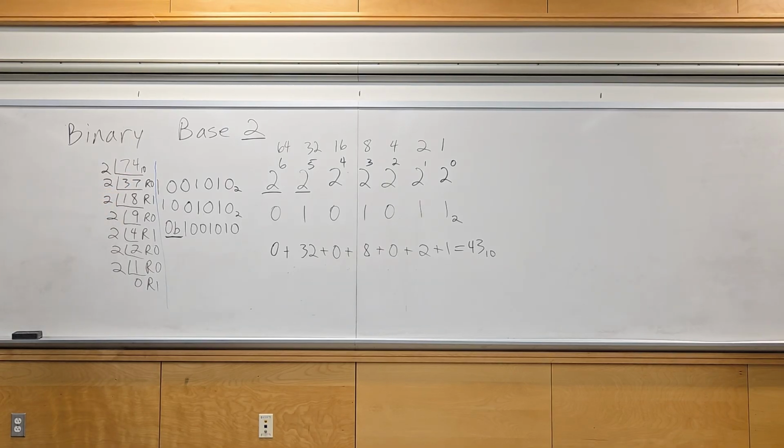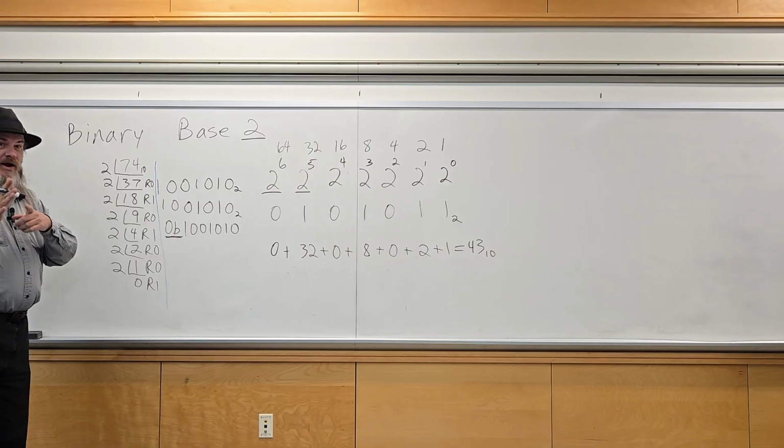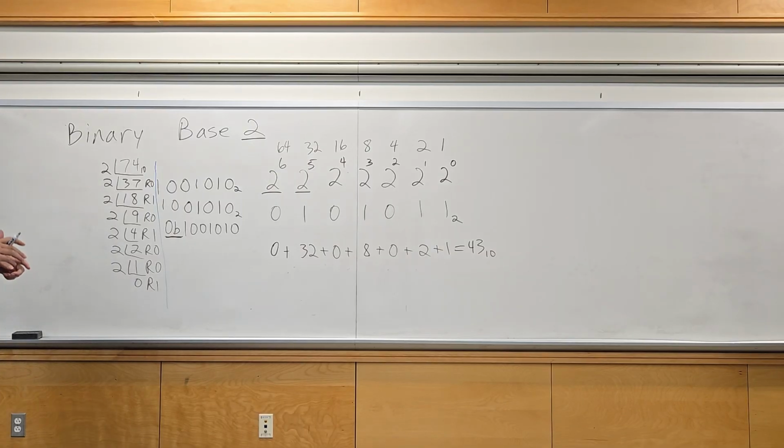Don't you have to have a 0 in front of those so that it's a positive number? That's if we are using a 2's complement representation. Haven't quite got to that point yet, but yes, you are right about that. But that's using 2's complement, and we'll get to that in just a minute.